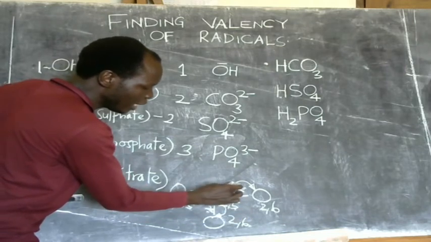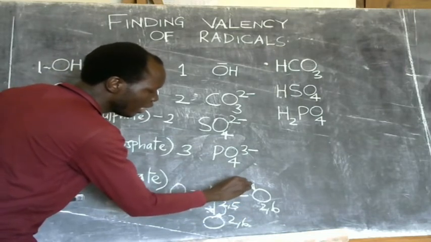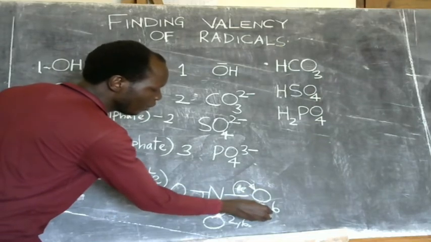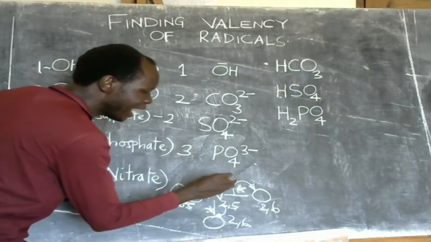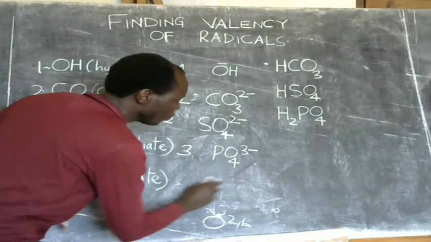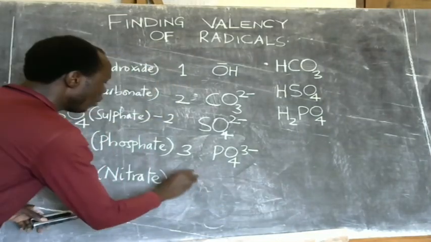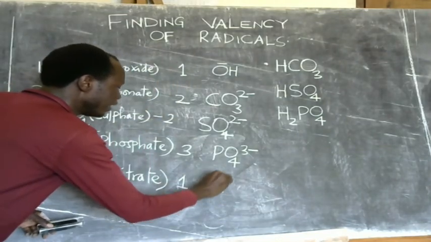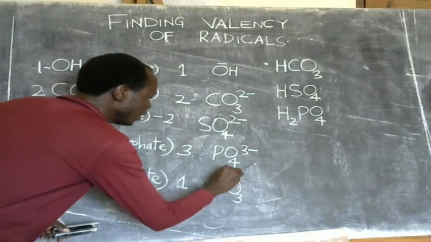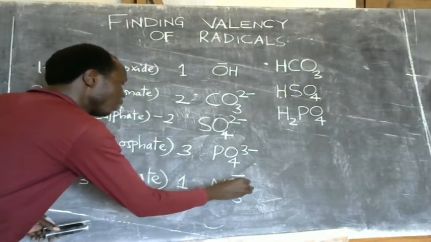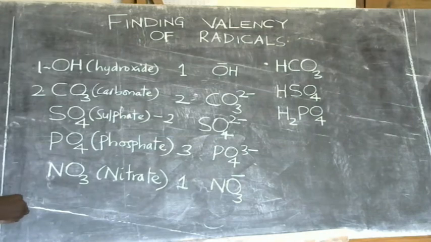So that 1 electron goes here, because this oxygen needs 2 electrons. So there is a balance of 1 electron missing, making a valency of 1, which is the minus, and it is on the oxygen atoms in the radical of nitrate.